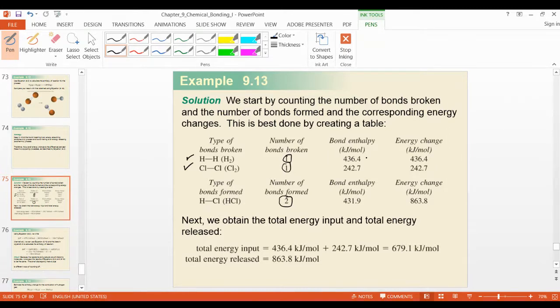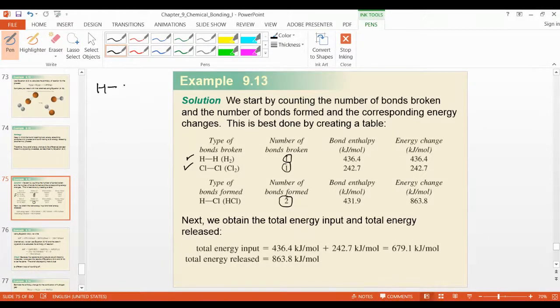The values are given in the question here. This is the energy in kilojoules per mole, the bond enthalpy or bond energy. This bond energy is required to break one bond of H-H, and this energy is required to break one bond of Cl-Cl. When these are broken, how are the new bonds formed?